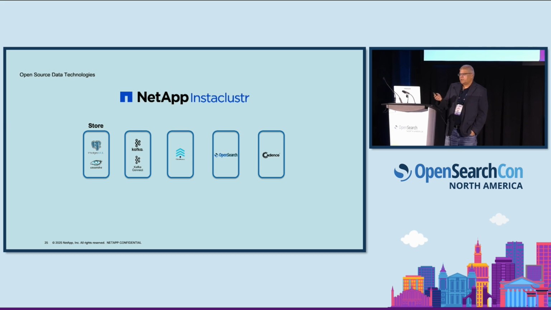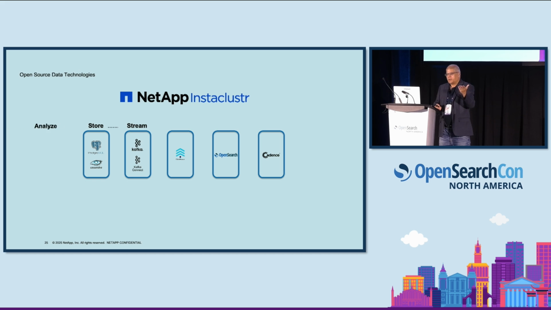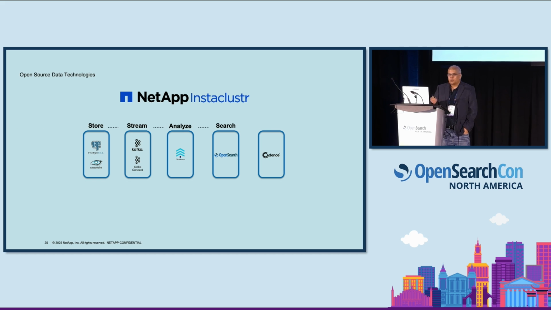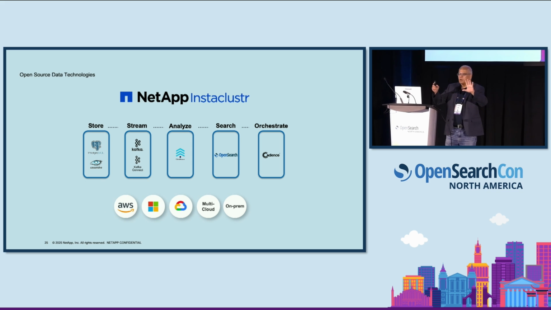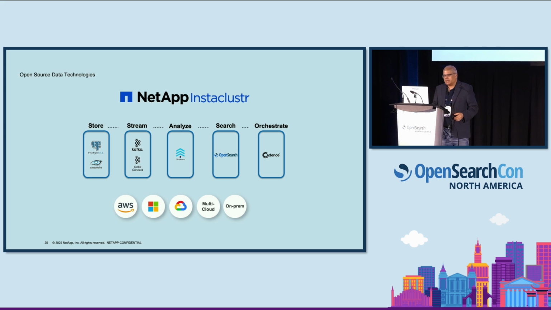So we help you with storage technologies like Postgres and Cassandra, SQL and NoSQL, Kafka for streaming, ClickHouse for analyzing, OpenSearch for searching, and Cadence for orchestration. And we can help you with all this technology on any of the clouds of your choice: AWS, Azure, Google Cloud, or on-prem.